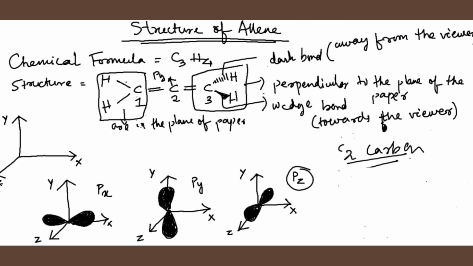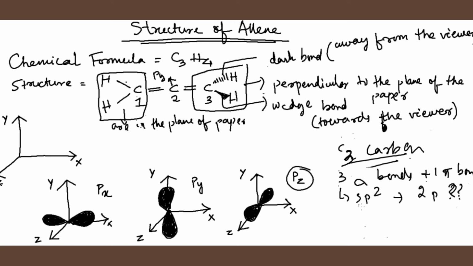Now coming to the C3 carbon. In the C3 carbon you can see that there are 3 sigma bonds plus 1 pi bond. So it is sp2 hybridized. Now which 2 p orbitals will be involved? See, we have already utilized the py orbital in the pi bonding with the C2 carbon.